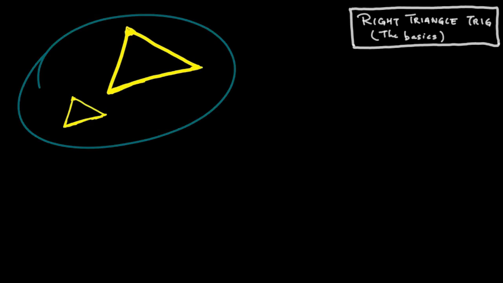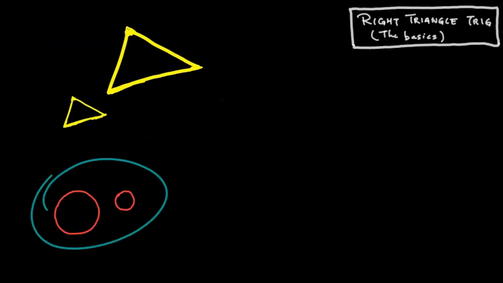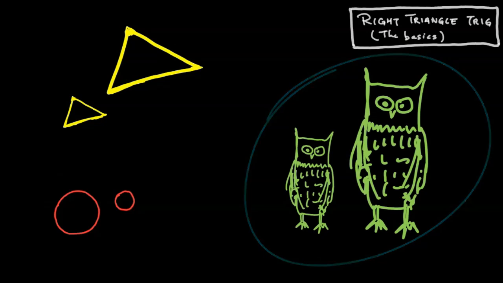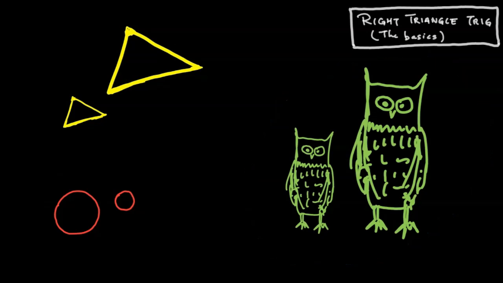Okay, we ended the last video with a quick discussion of similarity. Similar figures being two figures with the same shape, though not necessarily the same size. They're scale models of one another, like these two triangles, or these two circles, or these two owls. And the crucial fact about similar figures is that all their corresponding ratios are the same.